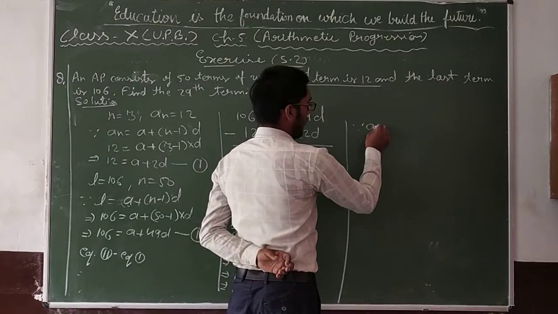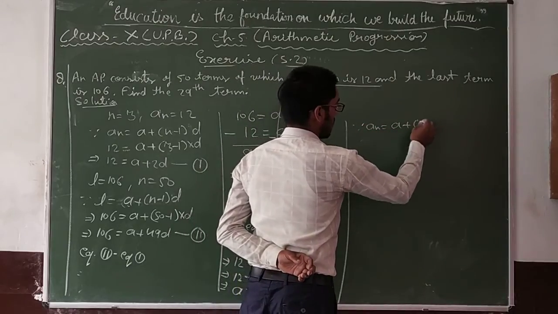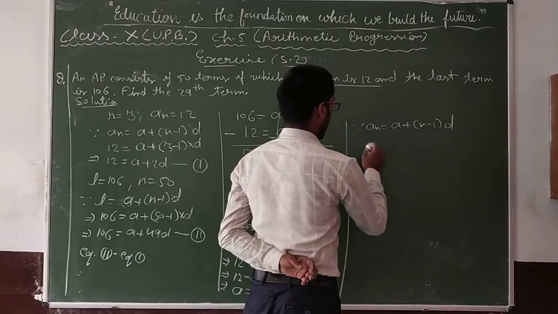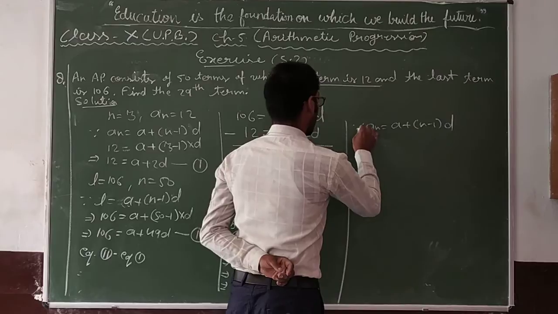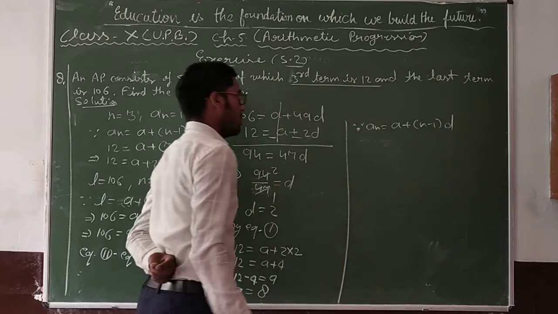Again that formula, An is equal to a plus n minus 1 into d. Now 29th term means here n is equal to 29.